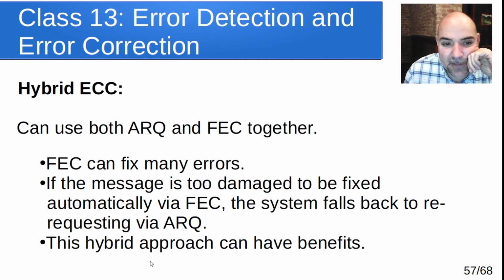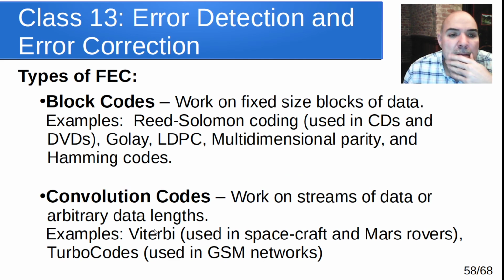FEC can fix a lot of the errors. If the message is too damaged, then we fall back to a re-request via ARQ. So that hybrid approach can have the benefit of not polluting the back channel with a lot of bandwidth use, but when it's absolutely necessary, you say, hey, I need that repeated. So there are systems that use that.